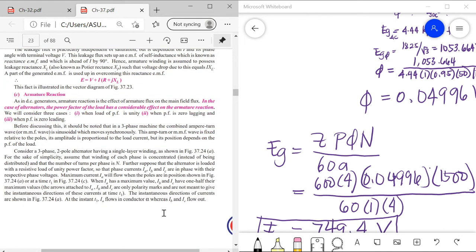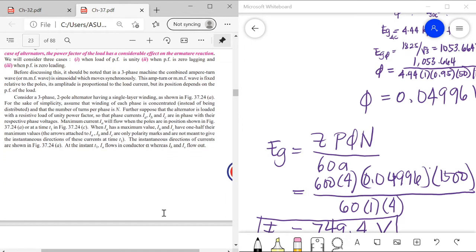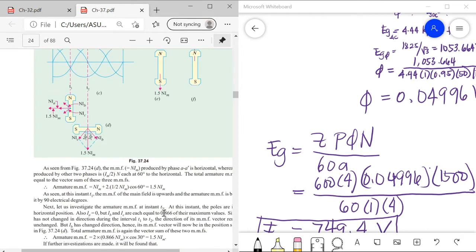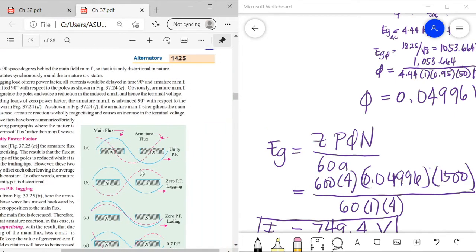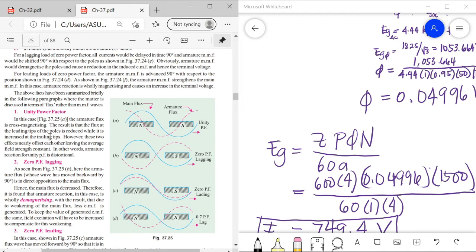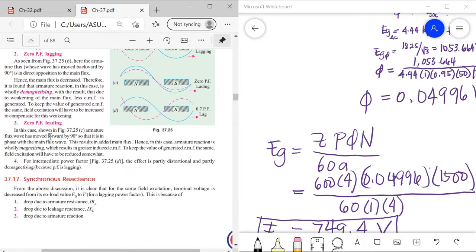As for armature reaction, I posted another video regarding this so you can imagine the factors, unity power factor, lagging, and leading power factor, affecting the output voltage of an alternator.